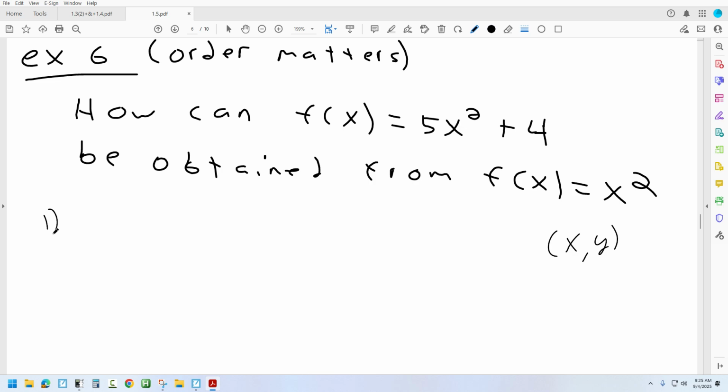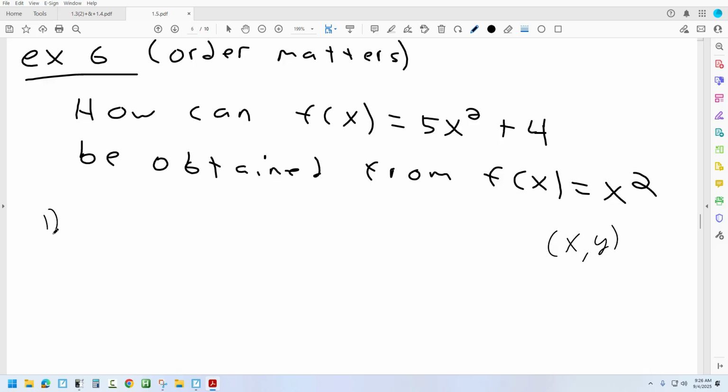Multiply. We're multiplying. Okay, when you are multiplying, multiplying is never a shift. The only way you can shift is adding and subtracting. Right? So then what does multiplying do? Multiplying stretches. Yes, that's going to be a stretch. And how would you explain exactly what the stretch is going to be?